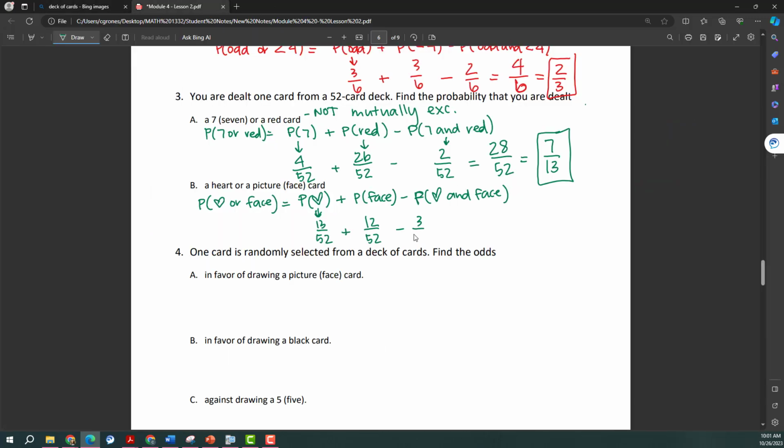So 3 out of 52 are hearts and face cards. So 52 stays in our denominator. We have 13 plus 12, we've got 25 minus 3, 22 over 52. And then that reduces down to 11 over 26.